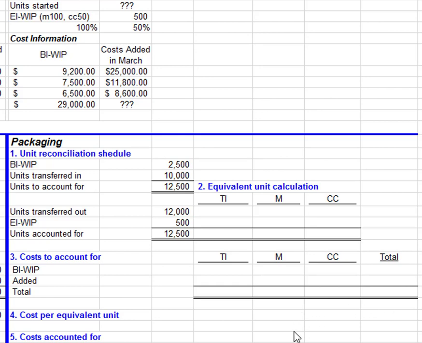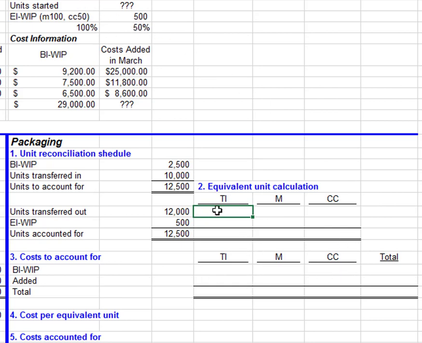Okay, next we're going to do our equivalent unit calculations. You notice I've got a third category here, TI. That stands for transferred in. So we're going to have a separate category for transferred in costs in addition to material costs and conversion costs. Okay, so my ending inventory work in process is 100% complete as far as material, 50% complete as far as conversion costs.